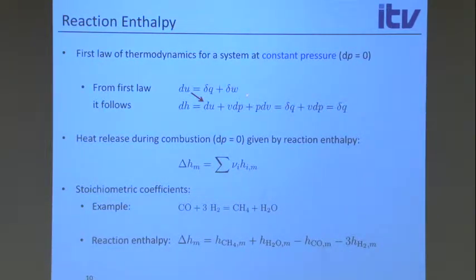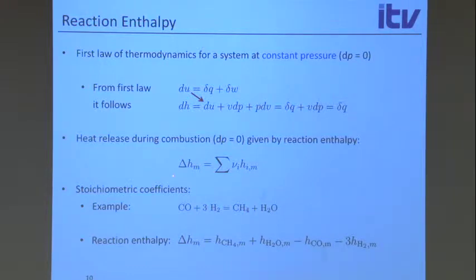And this Vdp term is 0 at constant pressure. So this is equal to dU plus pdV. But dU plus pdV, if this is pdV work, is equal to dQ. So you see, at constant pressure, dH is equal to dQ.